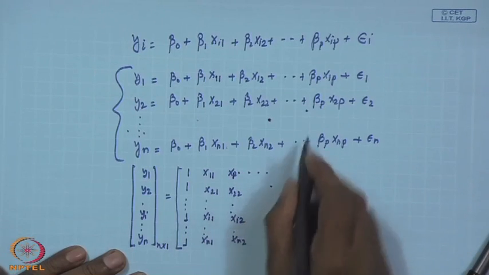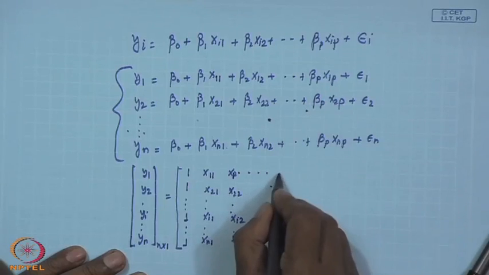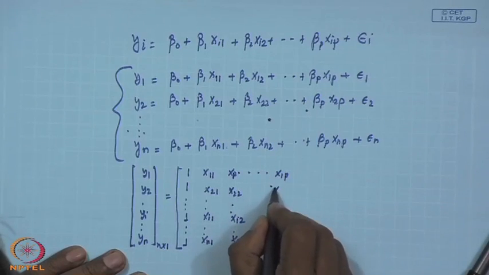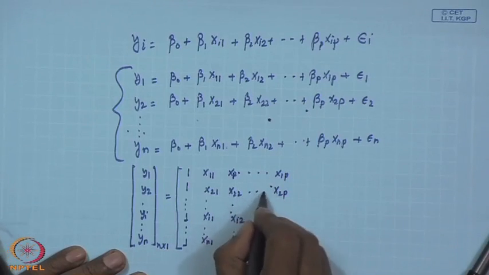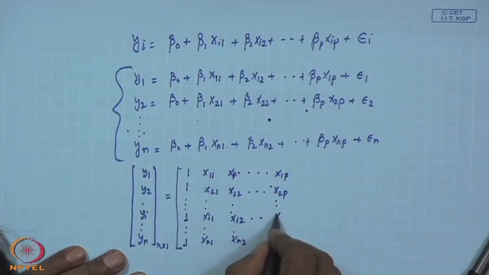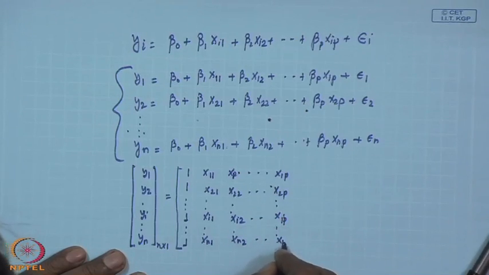Similarly, for beta p: x1p, x2p, then xip, then xnp.